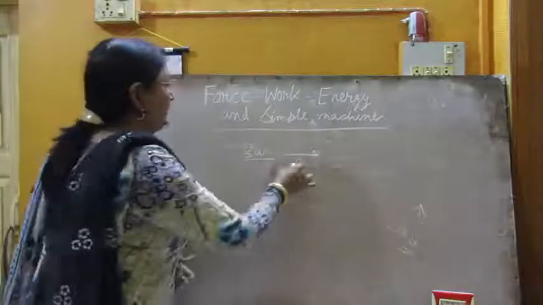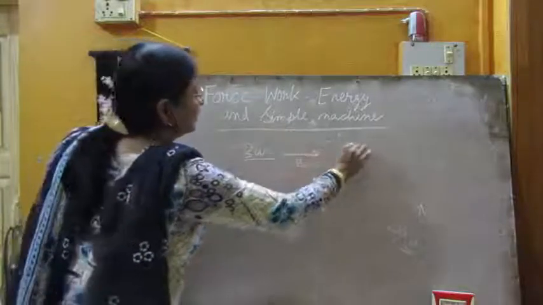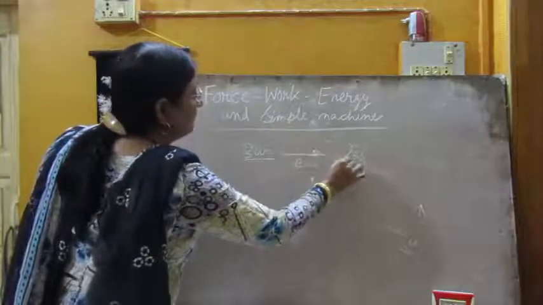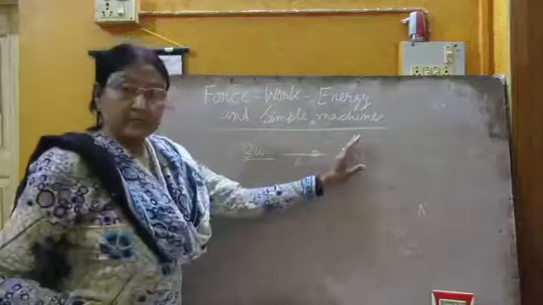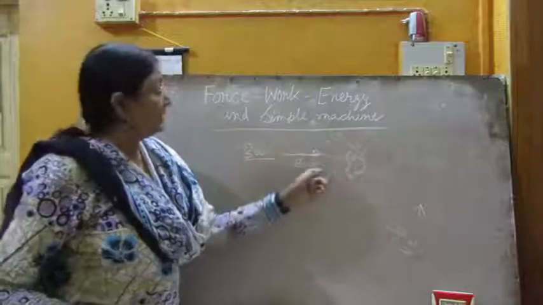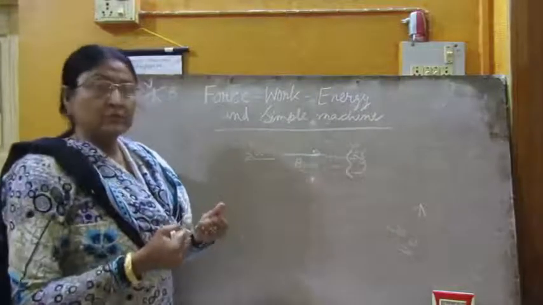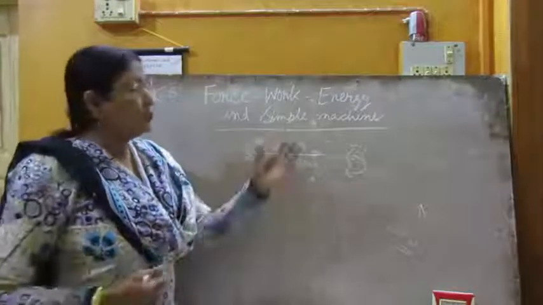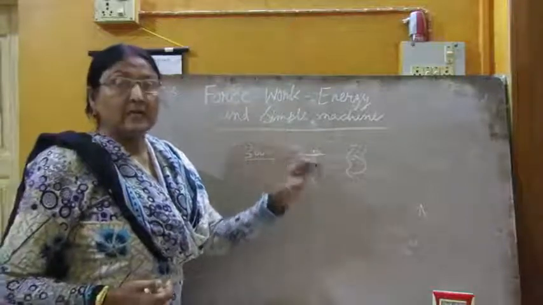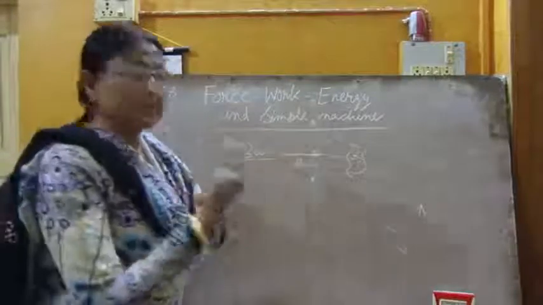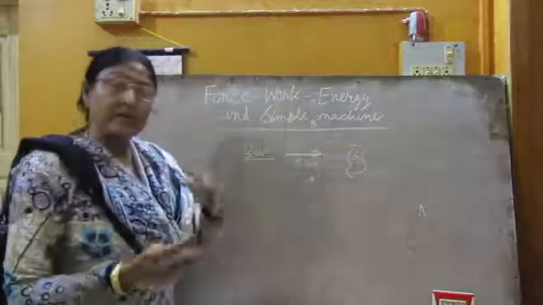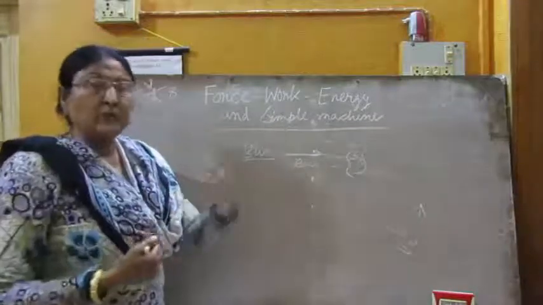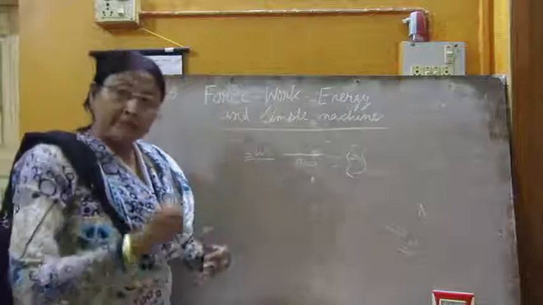And suppose it is moving fast, but near a marketplace that is too crowded, then by applying force the bus can be made slow. In this way we can increase the speed of a moving object by applying force, and we can slow down a moving object by applying force.